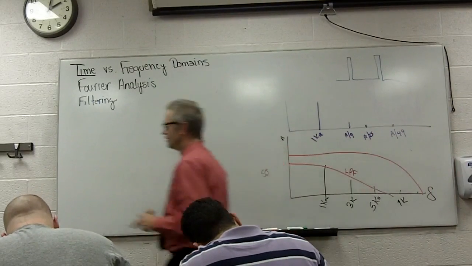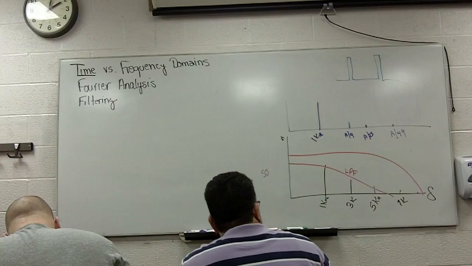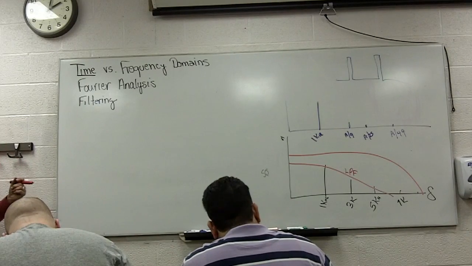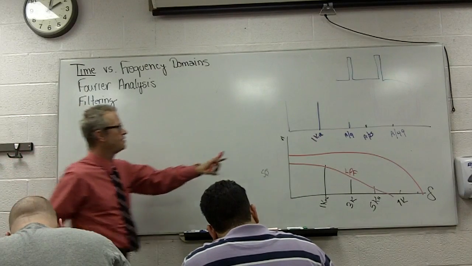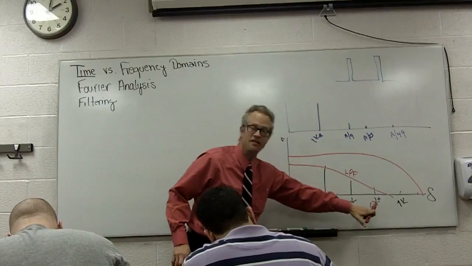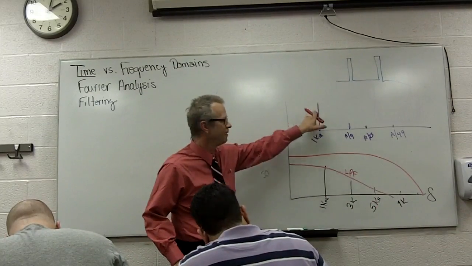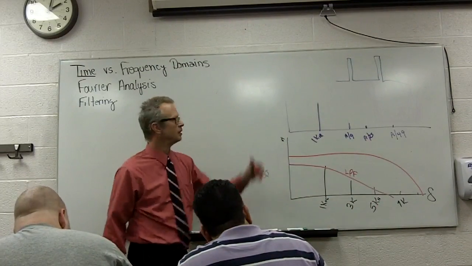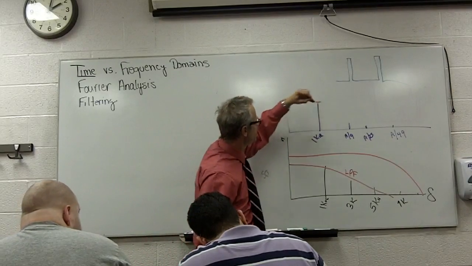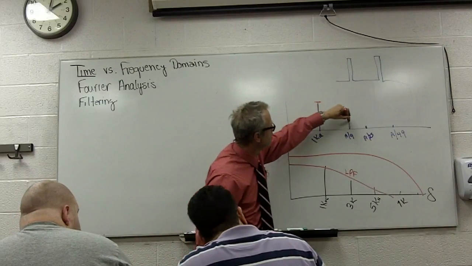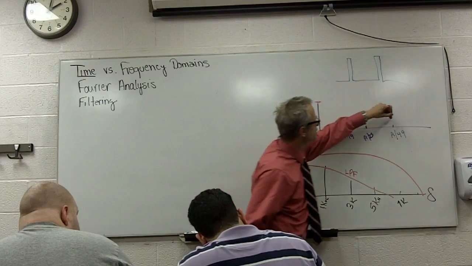In fact, think about this. Is it conceivable that if I applied the right filter to these, that I could get this? Yes. Same fundamental frequency amplitude, but this is lower, this is lower, this is lower.